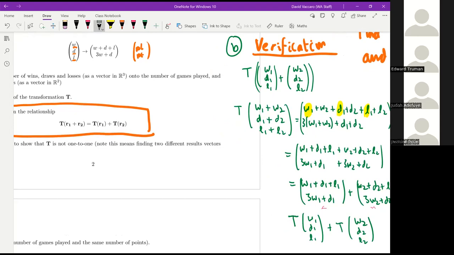So what does T(R1 + R2) represent? This represents the number of games played and the number of points over the whole season.